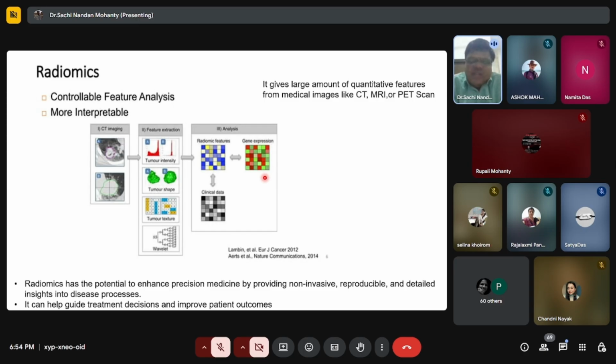So first you go for CT images. If the tumor is not detected, then go for MRI images. If the tumor is not detected in MRI, go for PET scan images. This is the sequence to follow to find the controllable feature analysis. And radiomics will help enhance precision medicine, providing non-invasive and reproducible insight into the disease process.